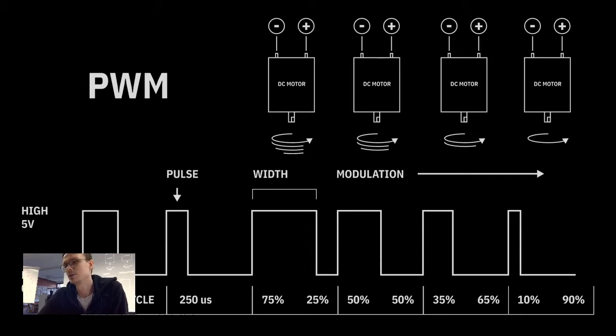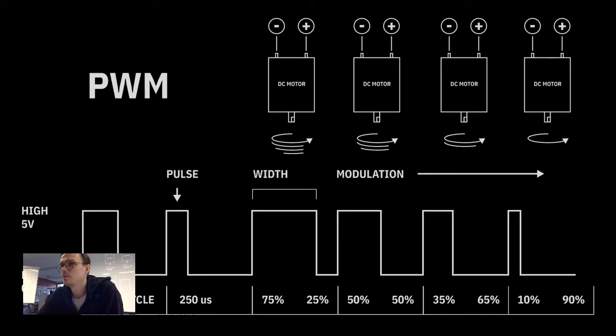Then there's another concept that is relevant to pulse-width modulation. It's the duty cycle. It's a window of time which is being measured. It's the full time of pulse and non-pulse together. The pulse is the time when something is on, and the rest of the time it is off. This is the full period that is going to be taken into account, and a percentage of this period is the pulse.